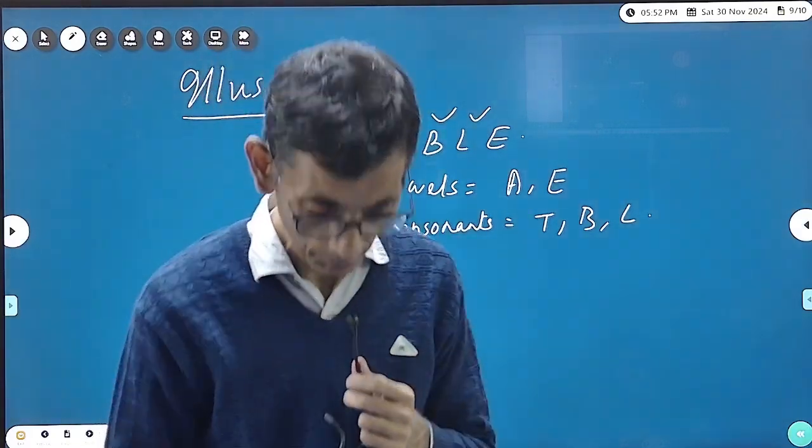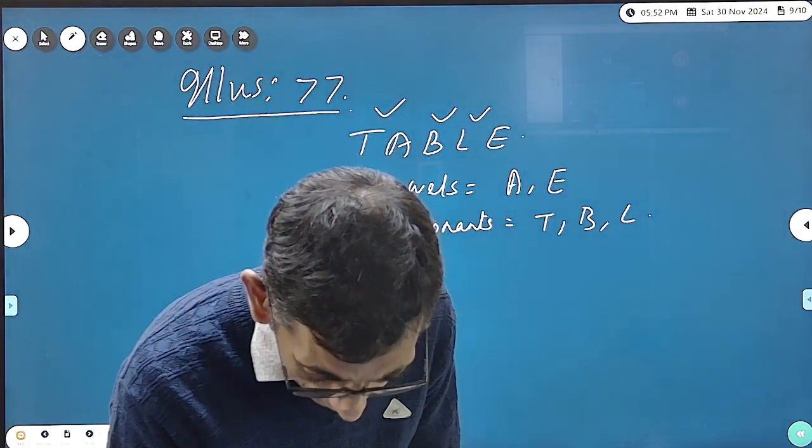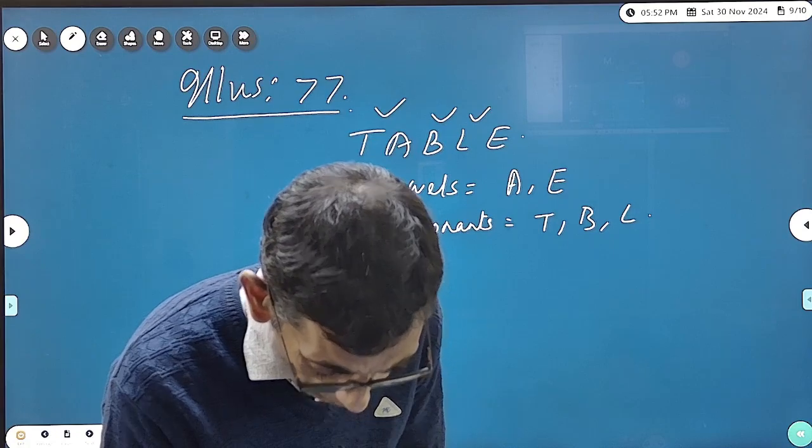The question is that the vowels are always together. How many arrangements are possible?